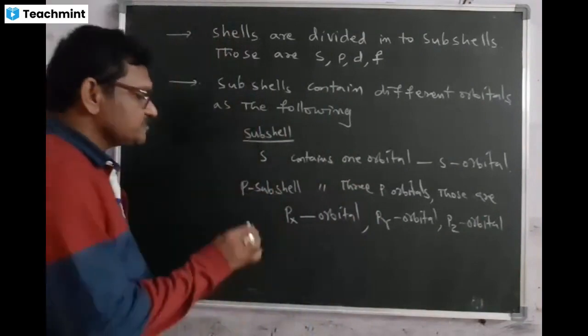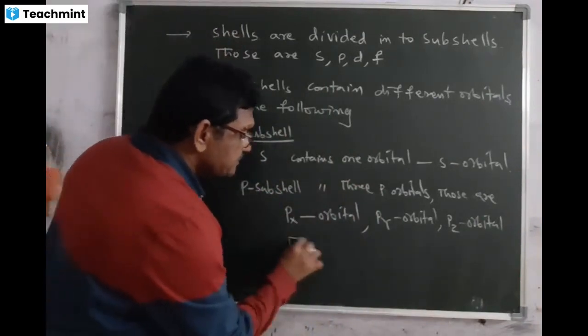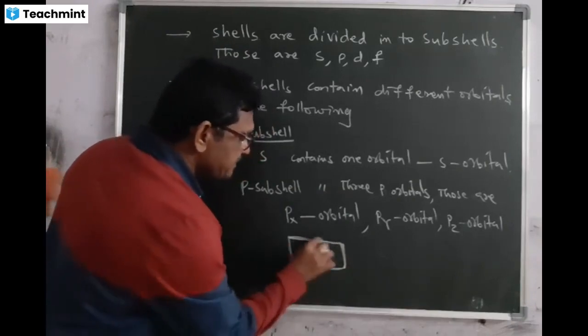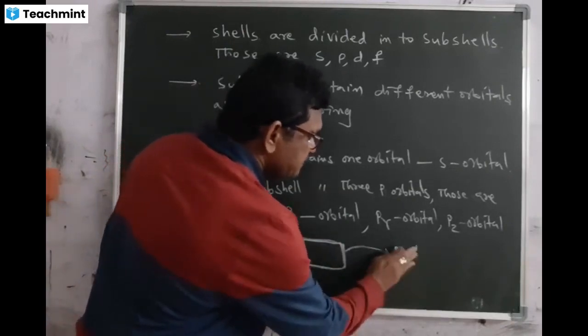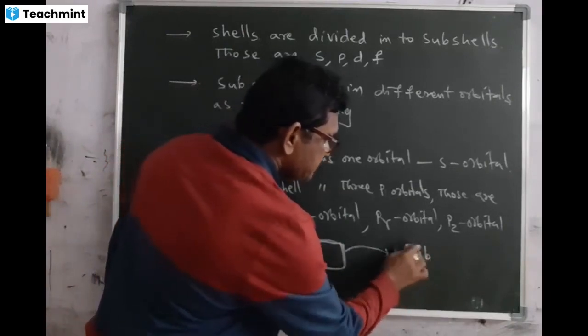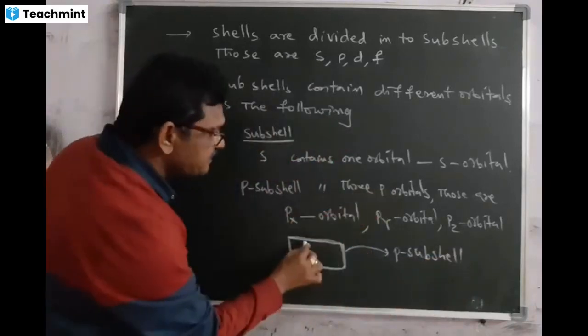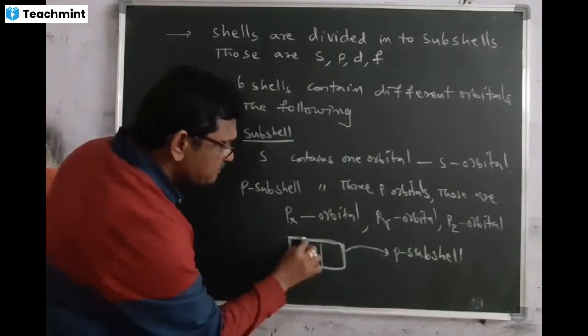I can show for your understanding. See, this entire box is nothing but the P subcell. In the P subcell, how many orbitals are there? Three p orbitals. These single parts are nothing but orbitals.